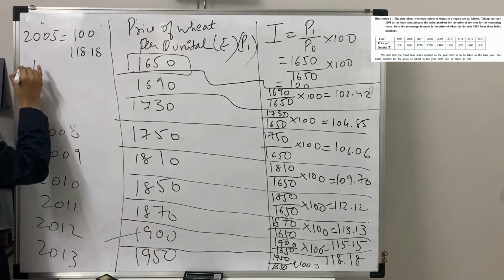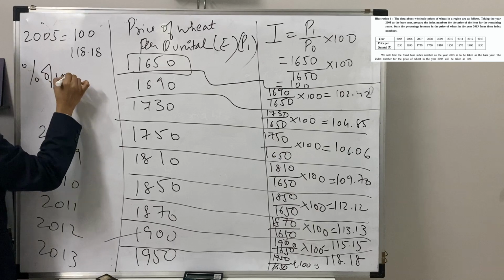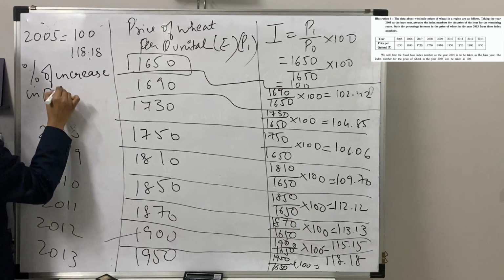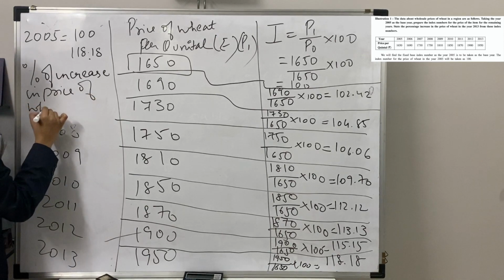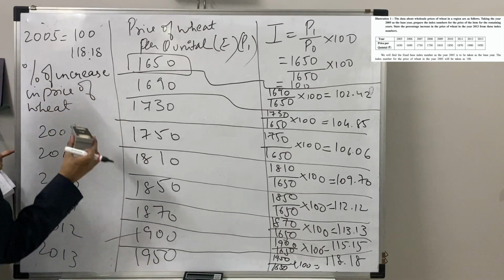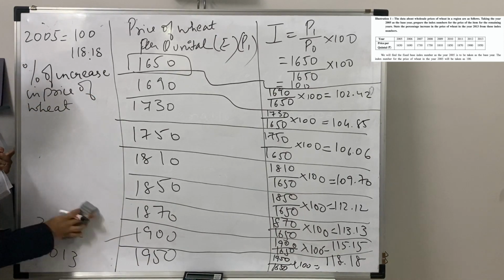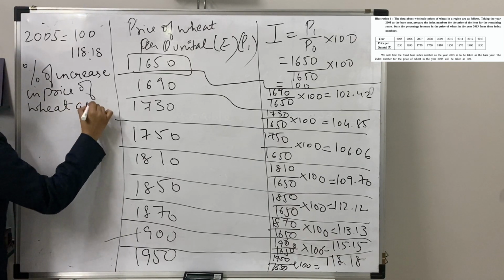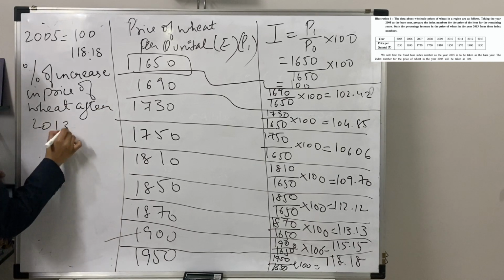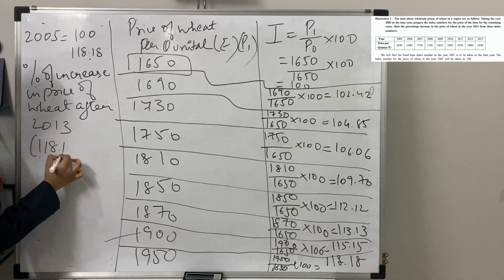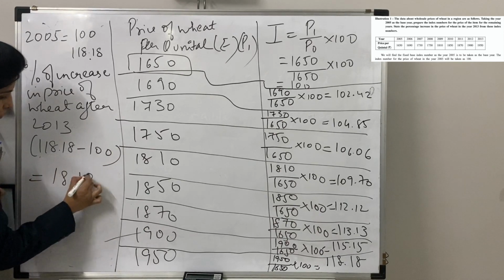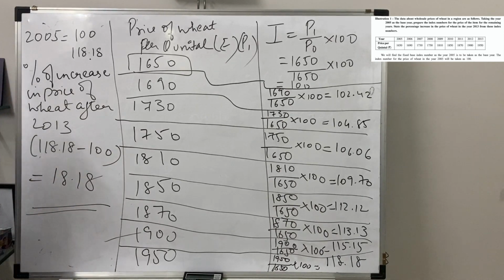So the percentage increase in price of wheat from 2005 to 2013 will be 118.18 minus 100. Your final answer will be a percentage increase of 18.18.